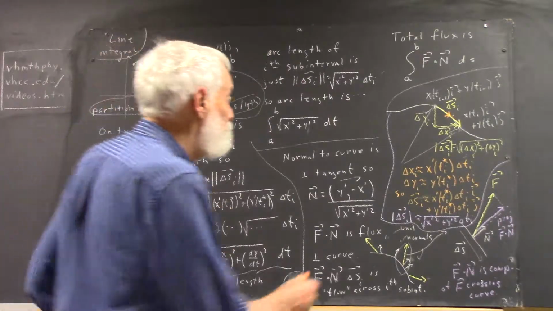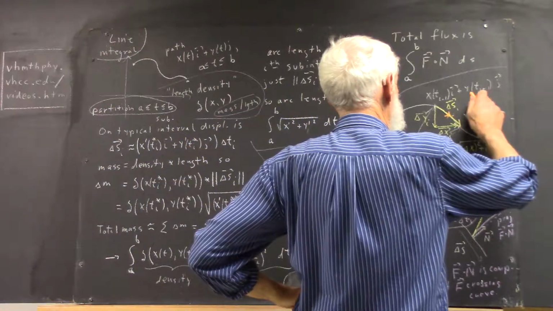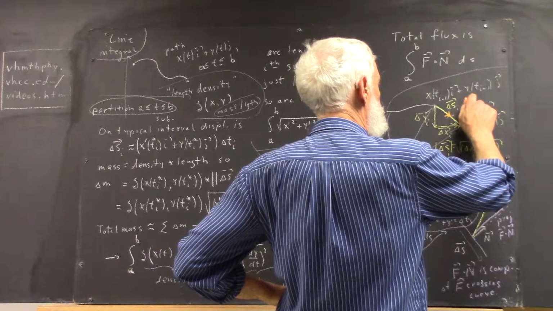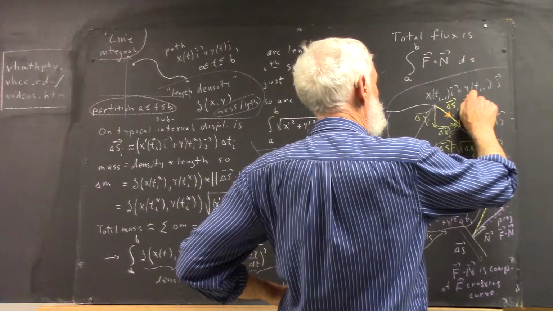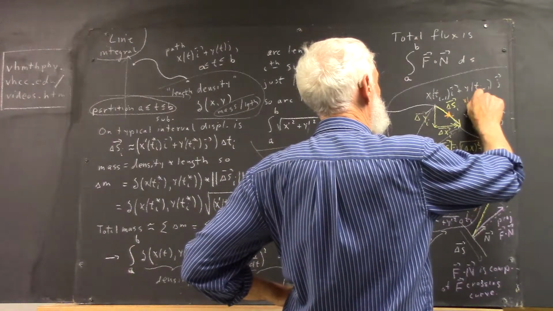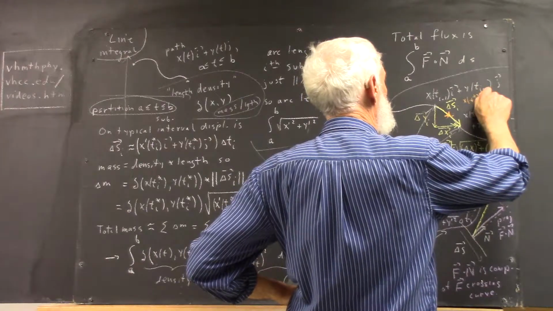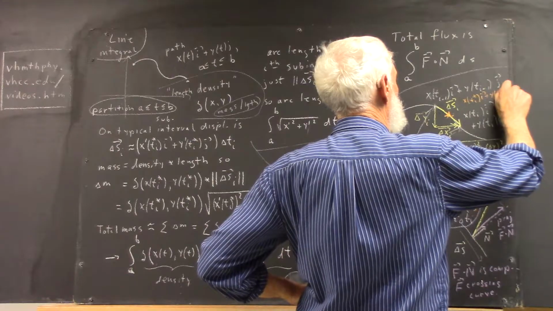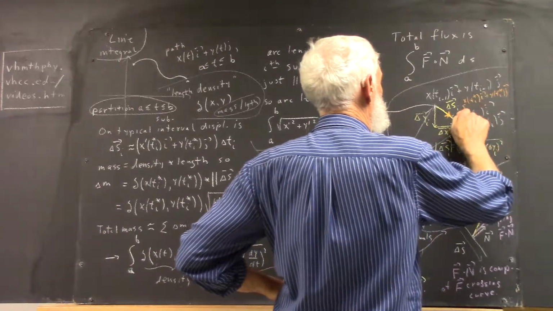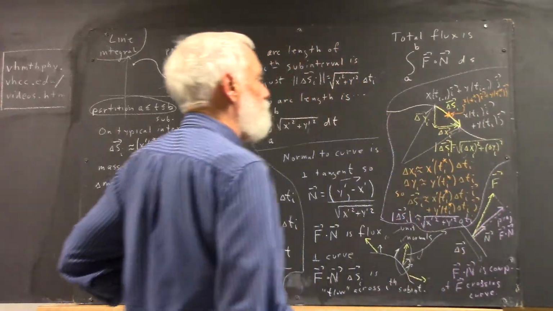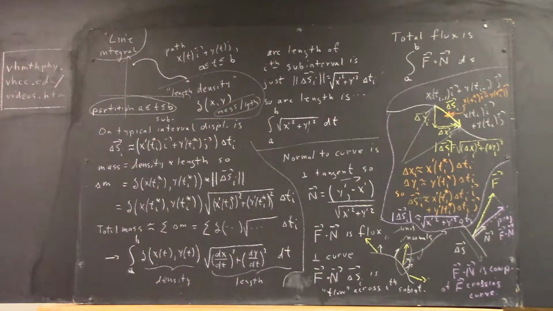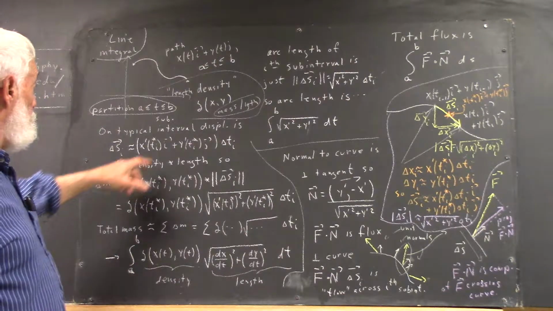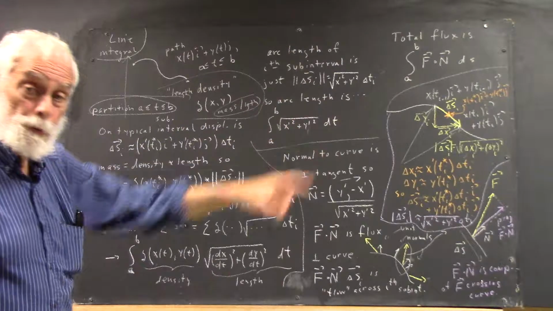And maybe, to be perfectly clear, I can write that kind of small. That would be x of t_i star i plus y of t_i star j. So that would be our sample point. Maybe you can read that, but I read it to you, so hopefully you can write it down. We evaluate the density then at that point.